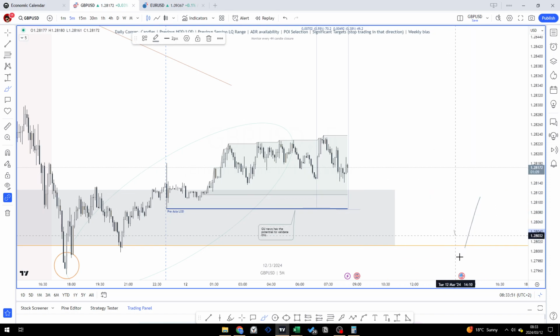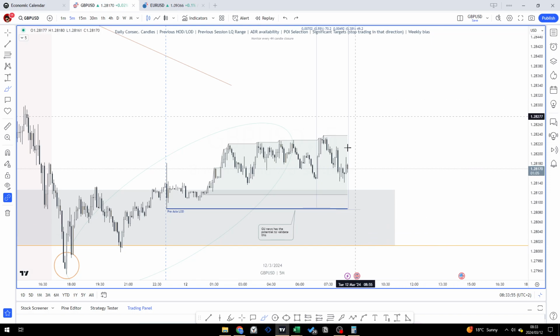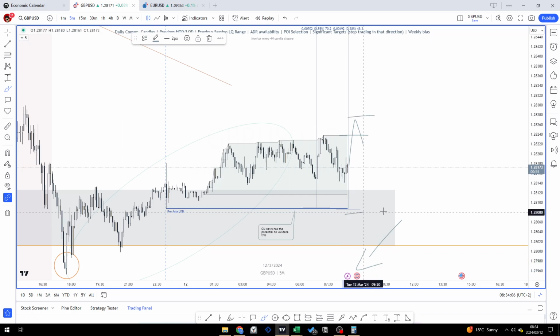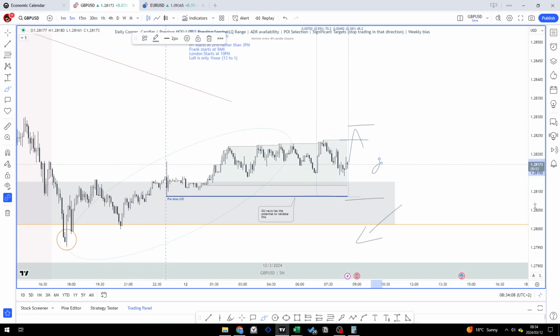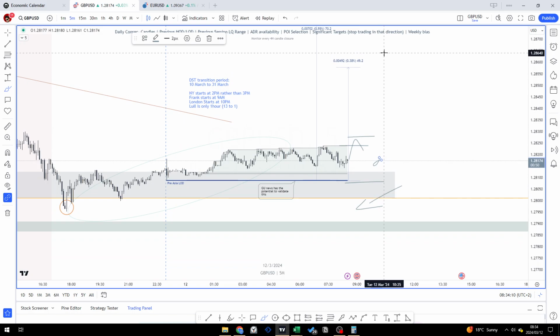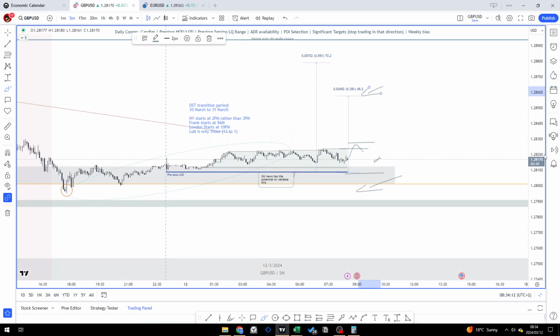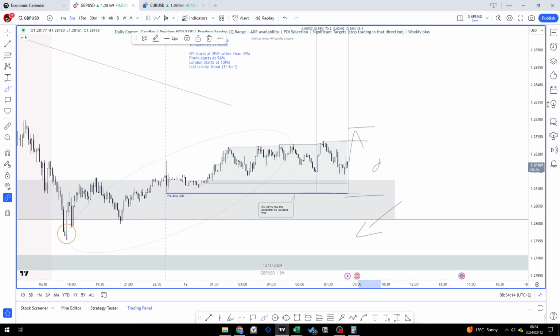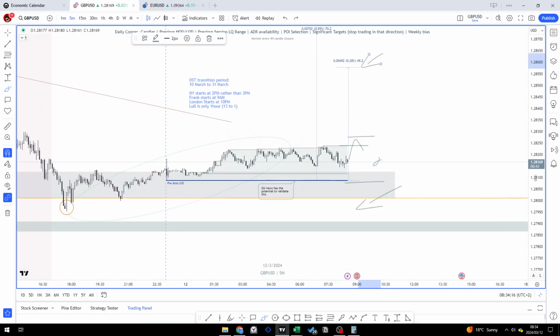We'll have to wait for CPI. The idea for London is that the Asia range high will be swept right here, after which we'll have positive news, and then we can anchor our fib as such, and then find an entry at one of the valid fib levels to achieve at least a 1 to 3 by the time of this, and that would be it.